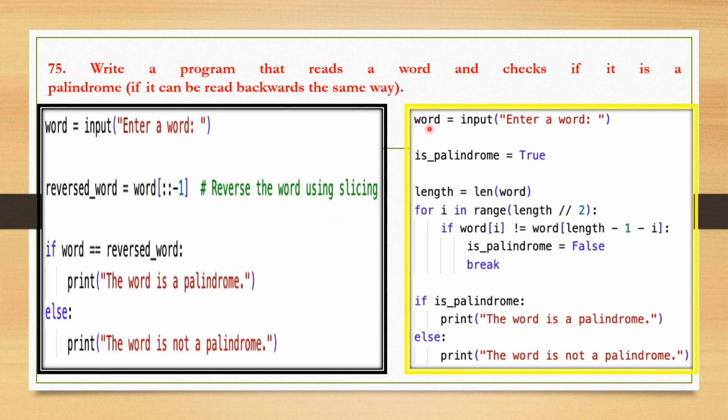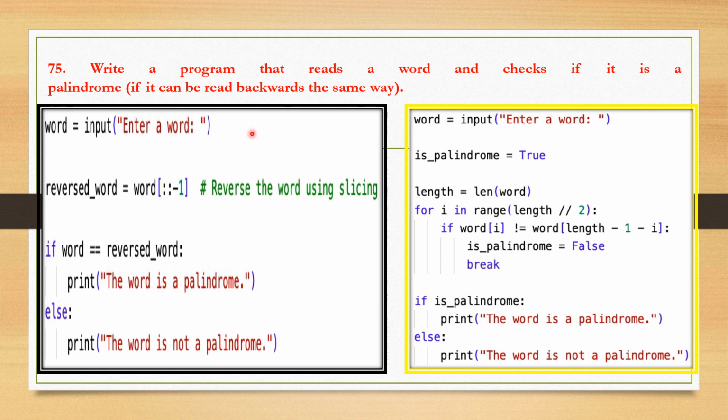The next program is to read a word and check if it is a palindrome. Palindrome means it can be read backwards the same way. Here the program will first prompt the user to enter a word using the input function. The entered word is stored in a variable called word, and it will use slicing, that is this, to reverse the order of characters in the word.